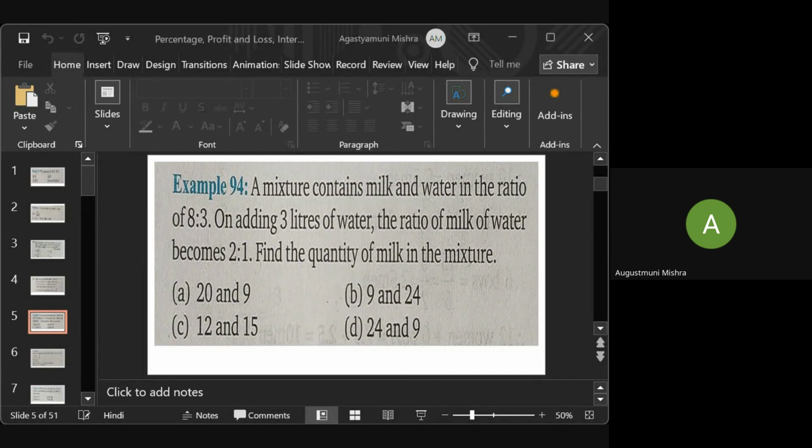Time started. One response we have, that is D. Prashant sir. At least four more responses I am waiting for. One we received, that is D. Same D. Another response, Bhavya ma'am.